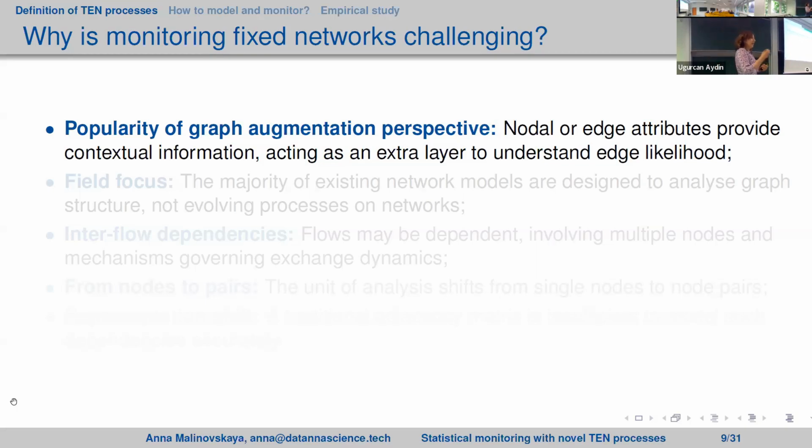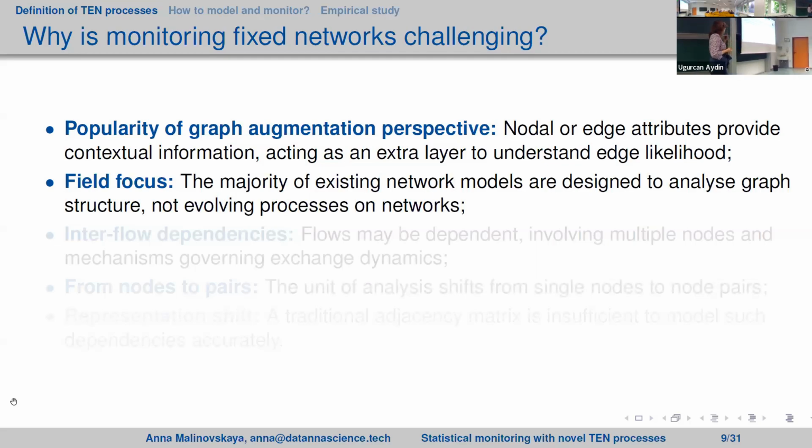So it never was so strongly treated as the main focus of the network process. That field's focus is more on random network models and monitoring, trying to understand the edge likelihood and not so much what exactly happens on the network.